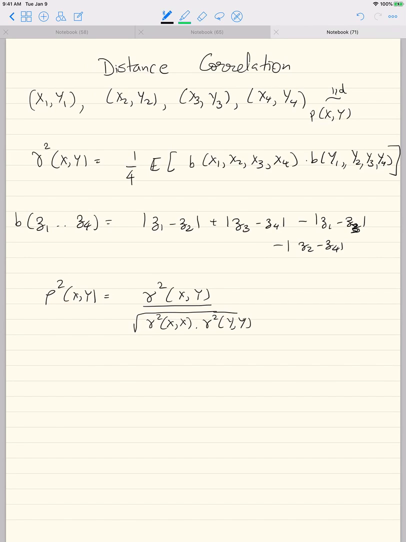It satisfies the strong correlation property, meaning that it can be shown that rho of xy is between 0 and 1, and rho of xy is 0 if and only if x and y are independent.